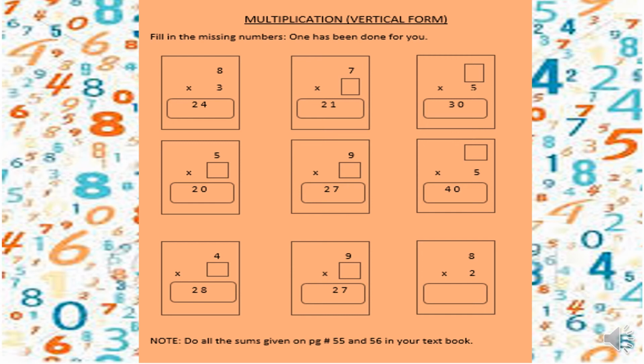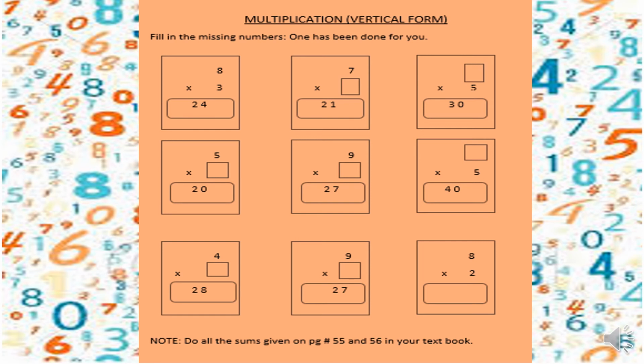Similarly there are some boxes and the digits are missing. You'll have to find the digits, like how many times 7 equals to 21. So you know 3 times 7 equals to 21. So in this box you will write 3.